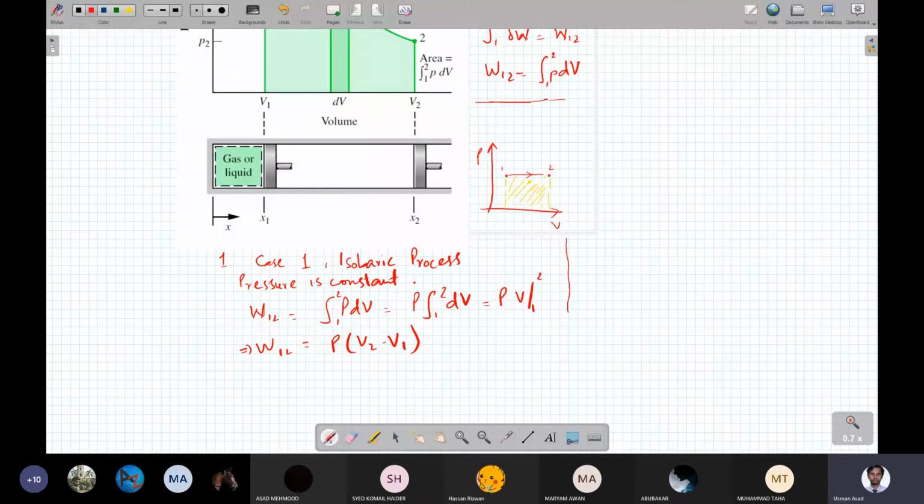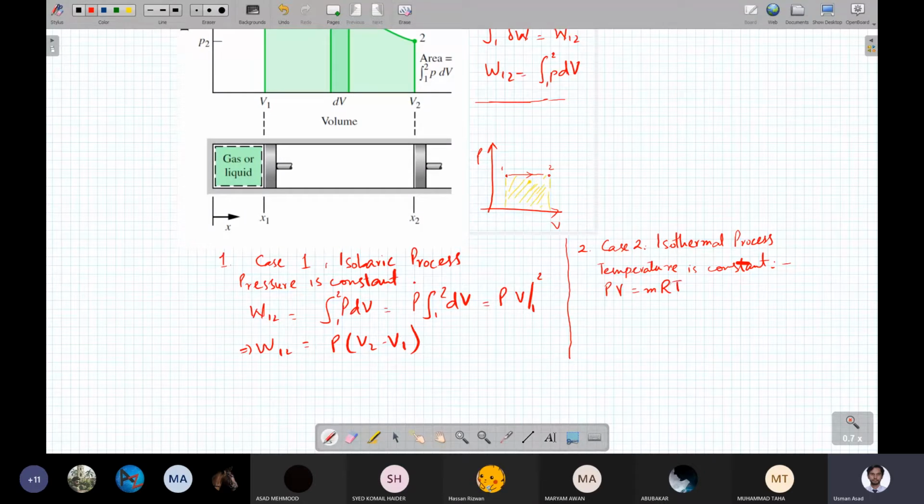The second example was something called an isothermal process, which meant that temperature is constant. So when T is constant, by the ideal gas law, PV is equal to mRT.